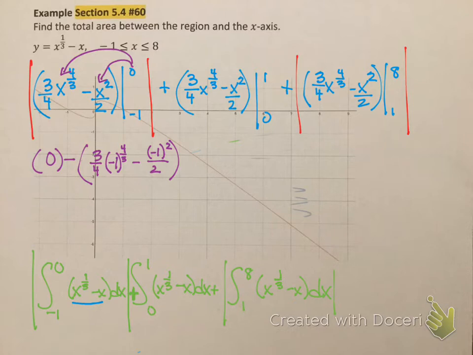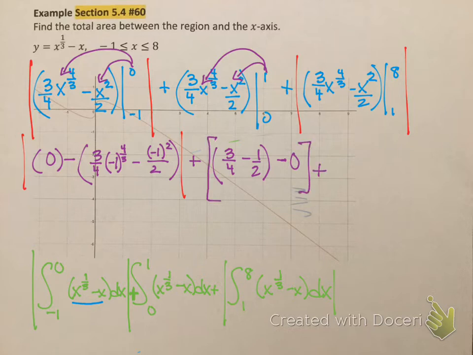And again, I needed absolute value bars around this. When I plug in a 1 here and here, I'm just going to get 3/4 minus 1/2. And when I plug in a 0, I'm just going to get 0.